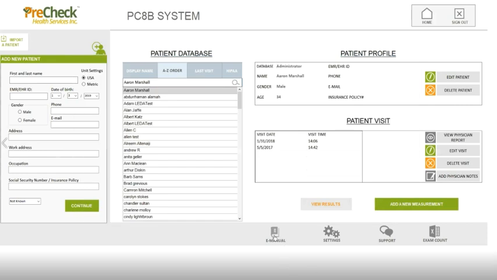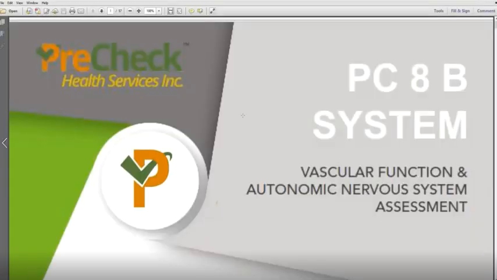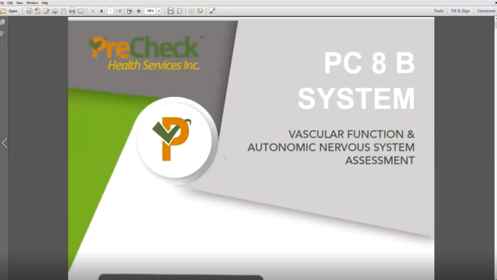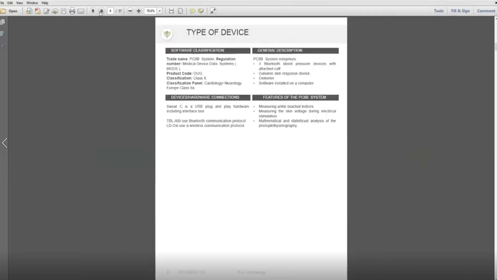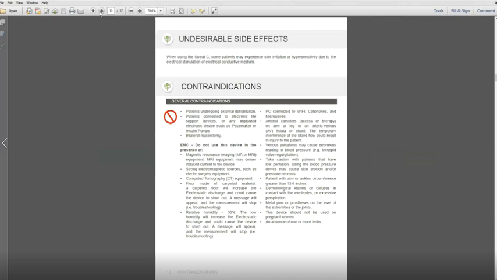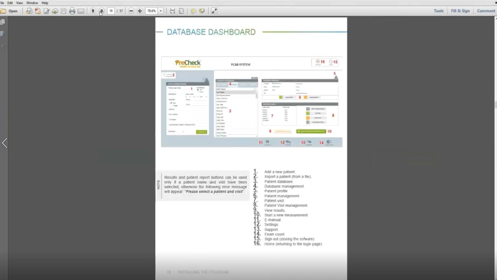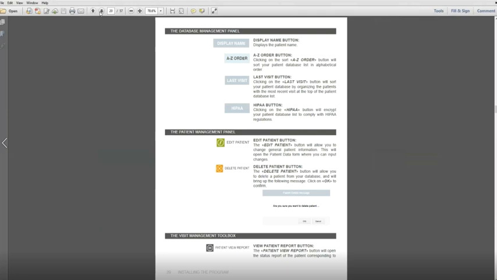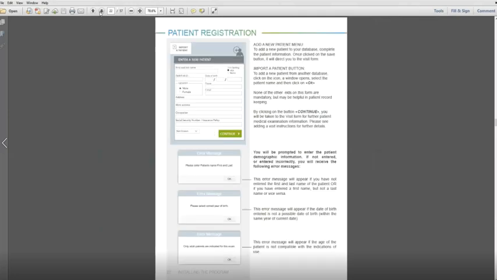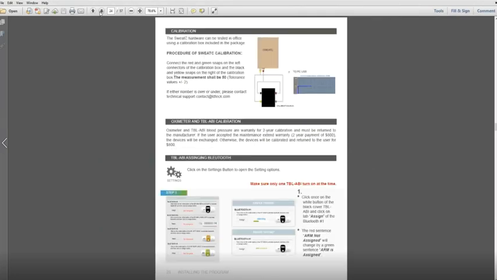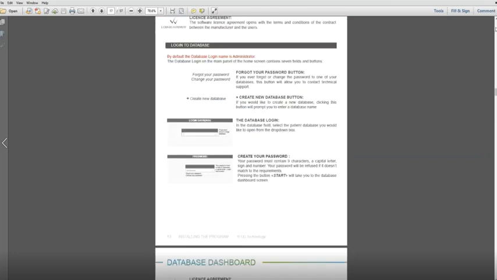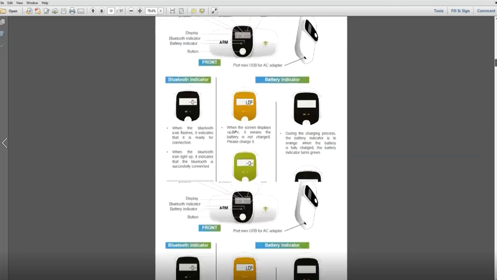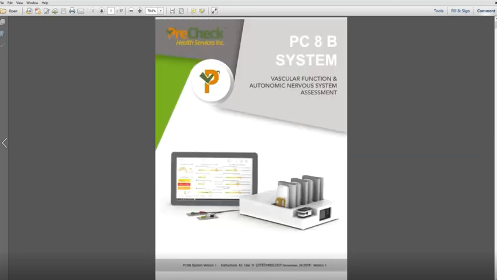And of course, if you have questions, there's two things you can do. One is you can reference back to the manual, okay, which covers everything, okay, and how to set up the system and the software and the cuffs, okay, and how to calibrate, or tech support, okay, and there's a tech support team that can assist.